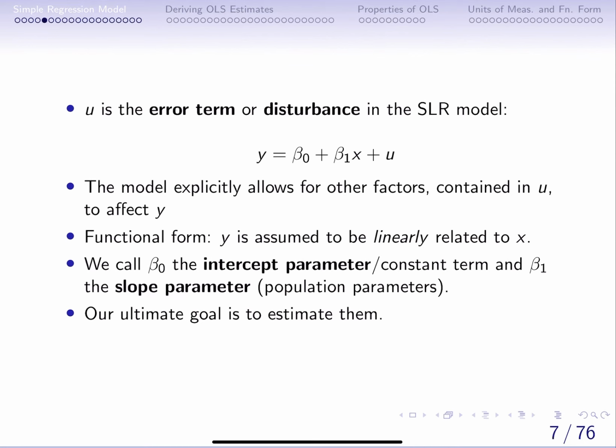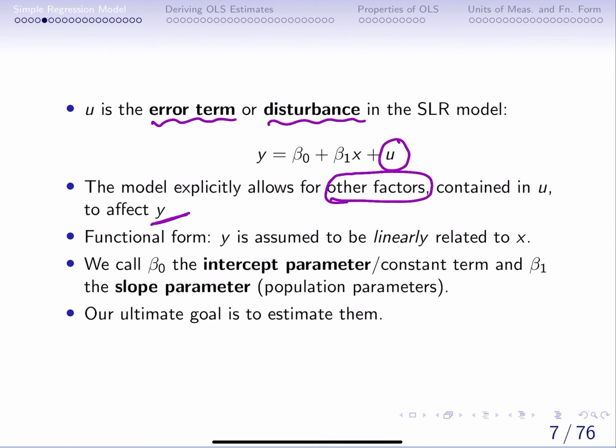Okay, and finally, we had this last term in the population simple linear regression model, which talks about what is going on in the population. This term u is called the error term or the disturbance. And this is basically allowing for all the other factors to affect y, okay?